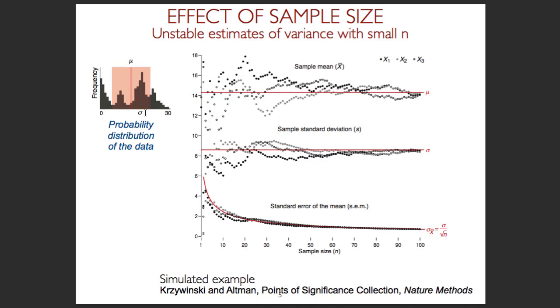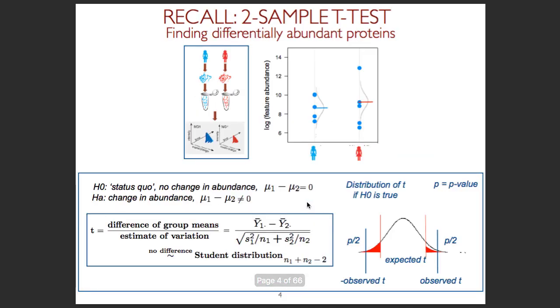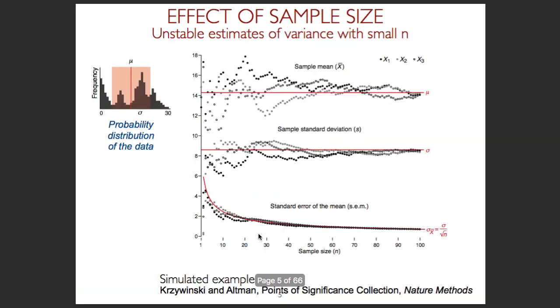So they started from a distribution which is very non-normal, some kind of weird distribution, and they take data points from this distribution and simulate this at different sample sizes. So here the x-axis is the different sample size, and they calculate means, standard deviations, and standard error of the mean. Just to remind you, standard deviation just characterizes the variability in the population. Standard error of the mean is the square root of this quantity, so how confident we are in the mean.